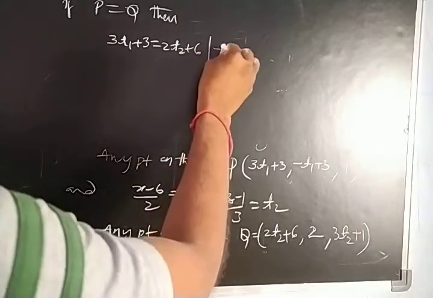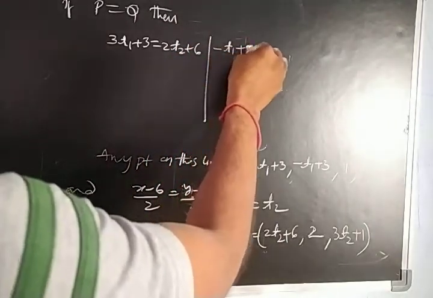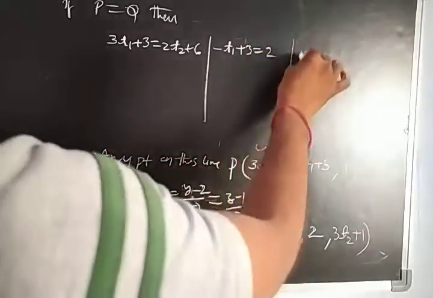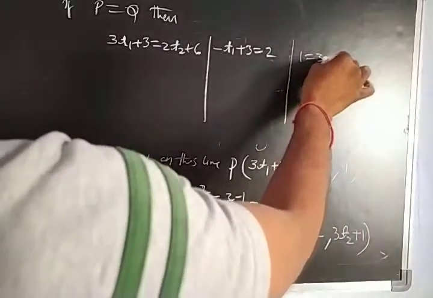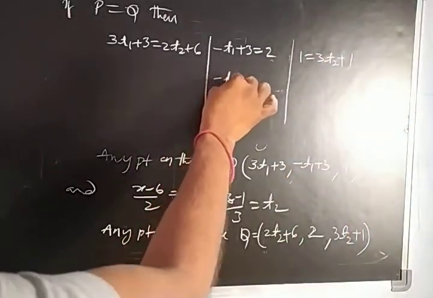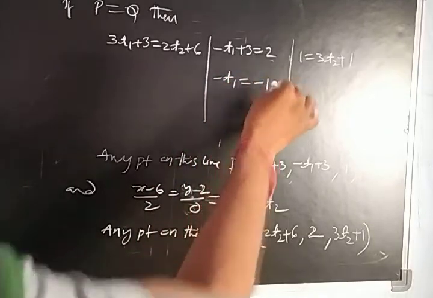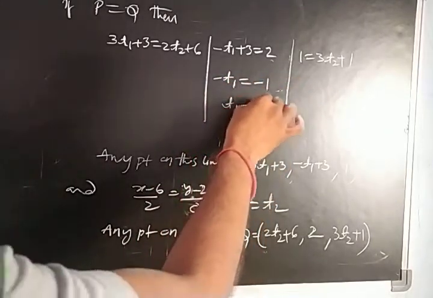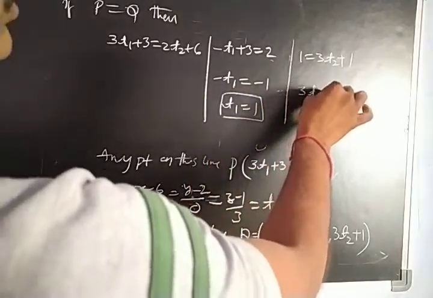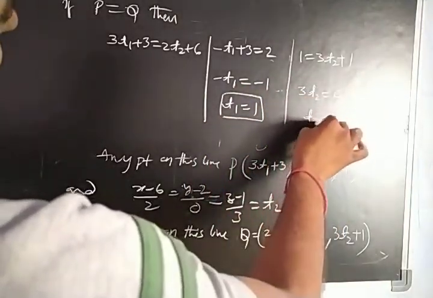Next: minus t1 plus 3 is equal to 2. Third: 1 is equal to 3t2 plus 1. From the second equation, minus t1 equals minus 1, so t1 equals 1. From the third equation, 3t2 is equal to 0, so t2 is equal to 0.